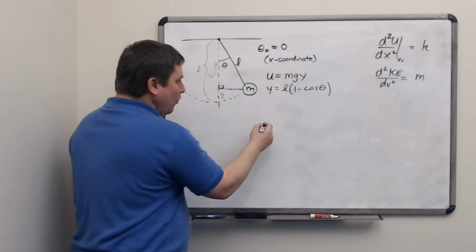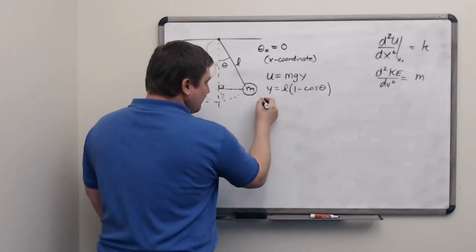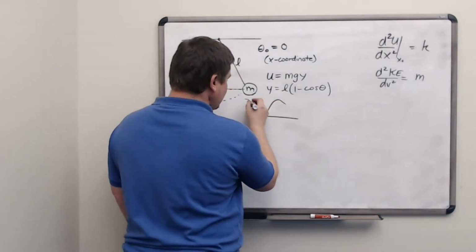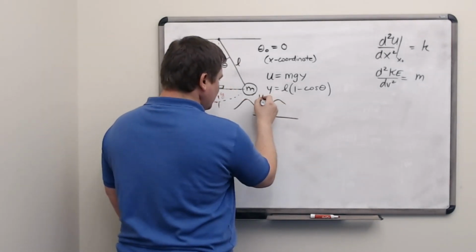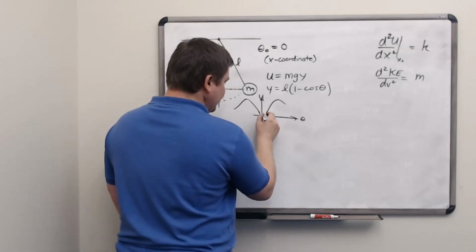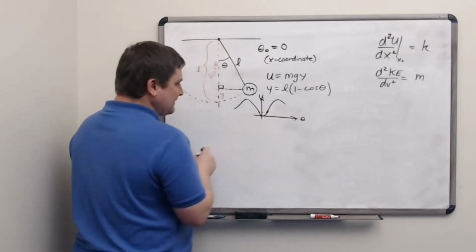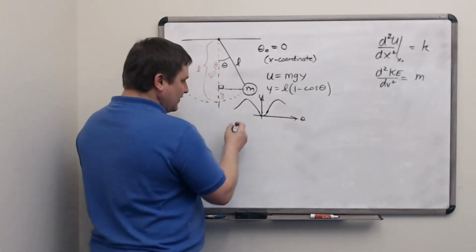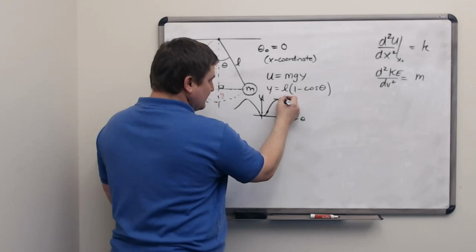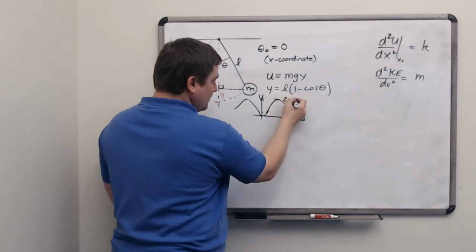Now the graph of 1 minus cosine theta makes our potential energy look something like this. Of course, this has a minimum at 0, but it's basically a cosine function with a minimum at 0 and a maximum at 2 mgl.